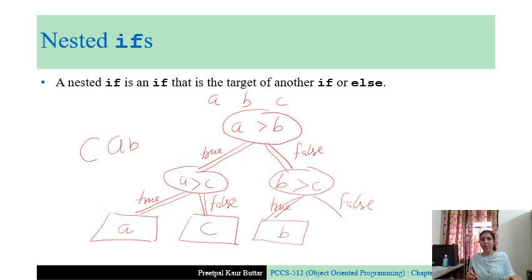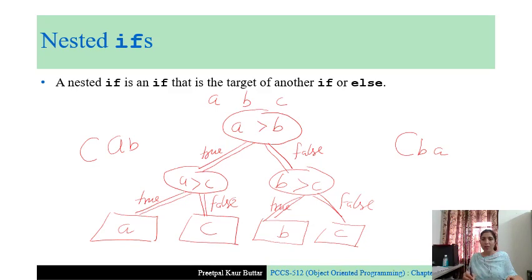And if we are moving along this path, that is, B is greater than A, but B is not greater than C, B is smaller than C. It means C is greater than B. We can say C is greatest. Okay, so this is the overall scenario.